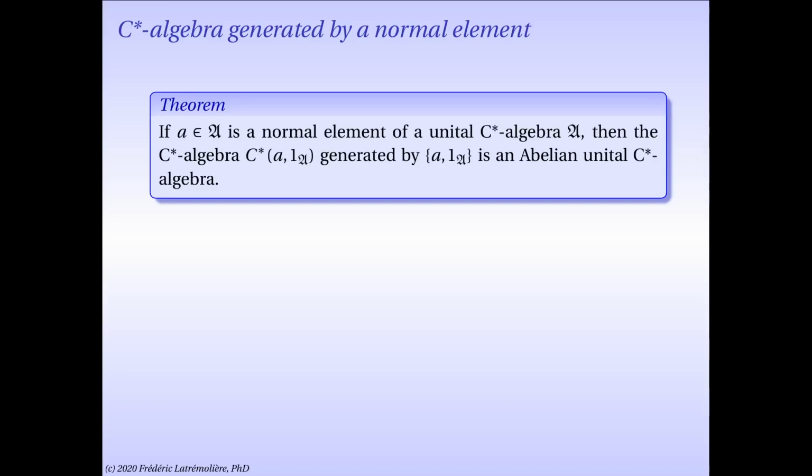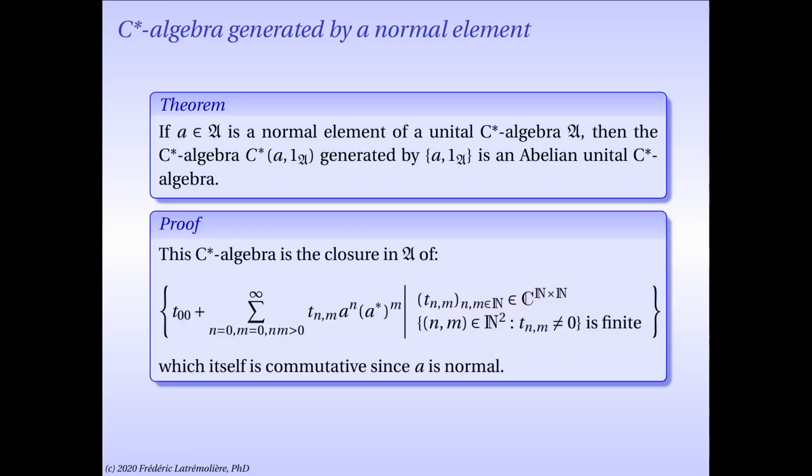But here I can give a much more explicit description of what the C-star algebra generated by these two elements looks like. So let's fix a, some normal element in some unital C-star algebra. So let's think for a second. If you have a C-star algebra containing a, it must contain a star, and then it must contain every possible product of a with a star to various powers.